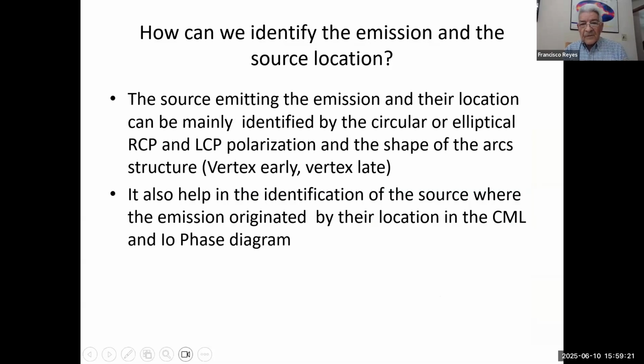So one of the questions is whether you can detect the emission and tell which source you are receiving it from. The source is normally emitted so that you can identify the circular polarization, right hand or left hand, and from there you can detect the source. Also, using the shape of the arcs that produce the emission, called vertex early or vertex late, you can identify the emission.